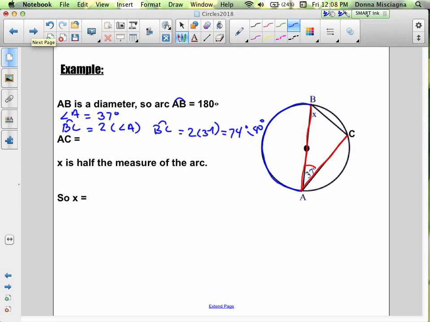All right, so we have this arc here. Now we can find the measure of arc AC, now that we know BC.